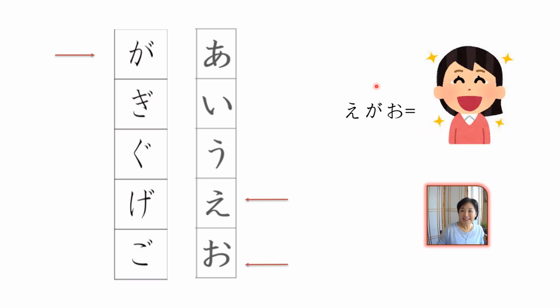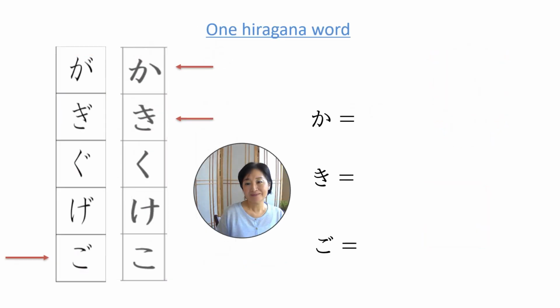Right, how about this one and this one and this one? 読んでください。笑顔 and that means smile. Well, good job reading Japanese words.